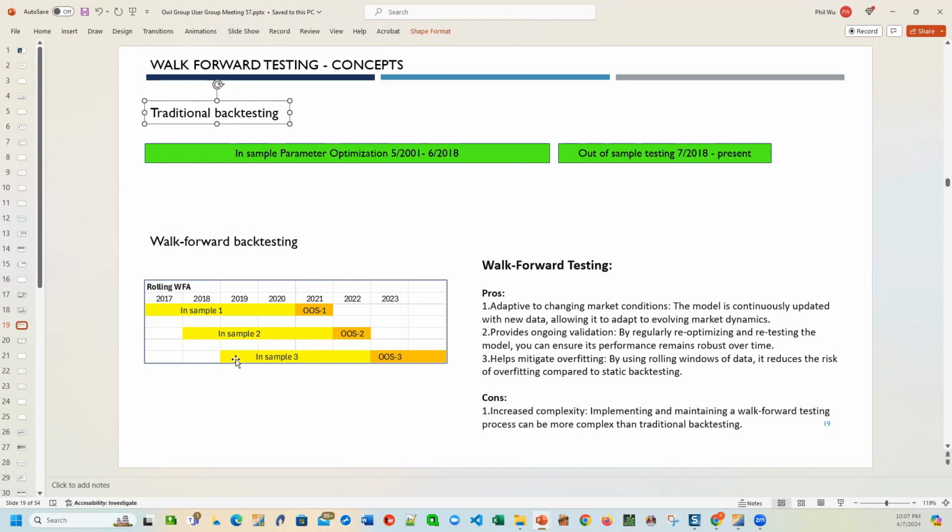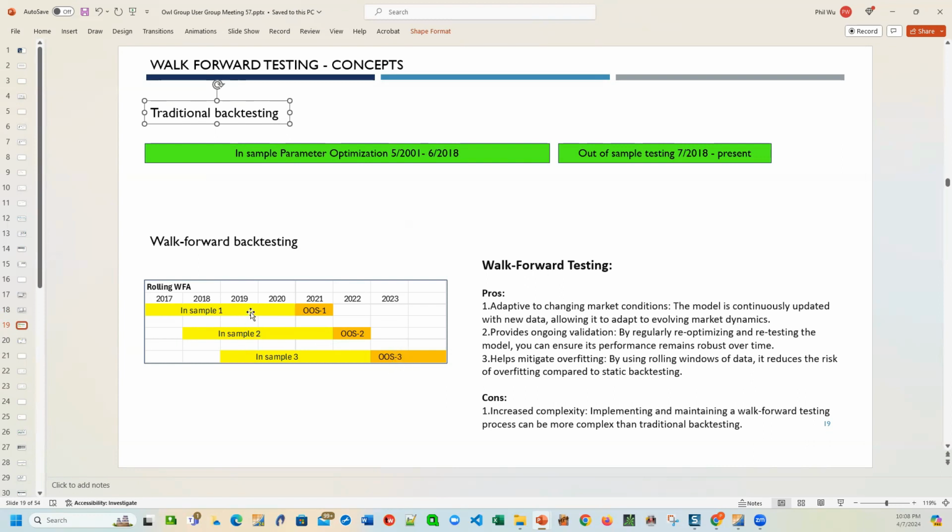And then you do another in-sample, and parameter optimization for out of sample period 3. So it's basically doing these in smaller chunks, offset by the period of out of sample testing.